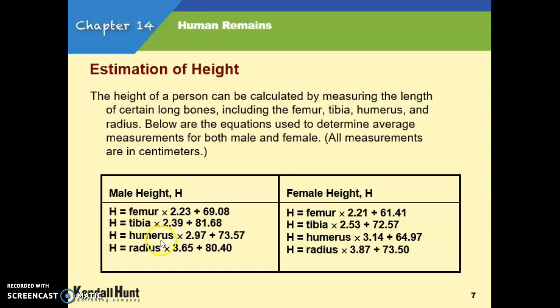And here's the formula for tibia, humerus, and radius, and then here are the ones for female. So you can see the formulas are slightly different. So we do need to know the sex before we attempt to plug this in, but you can still plug them in. And for example, if you get a female who is 6'5", that is probably less likely, so you might want to plug it into the other formula.